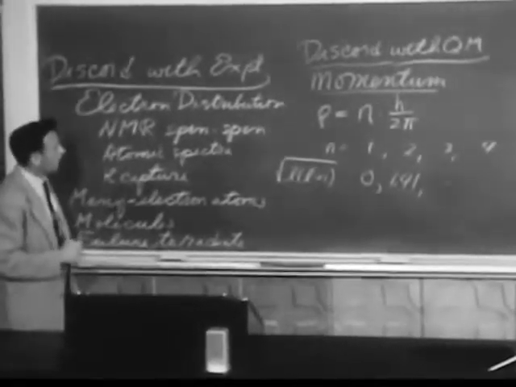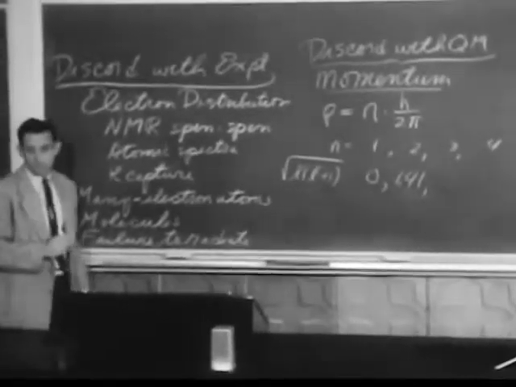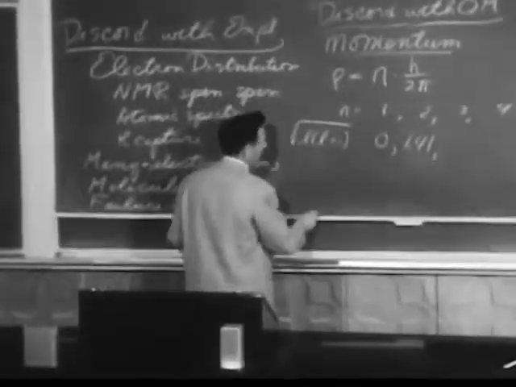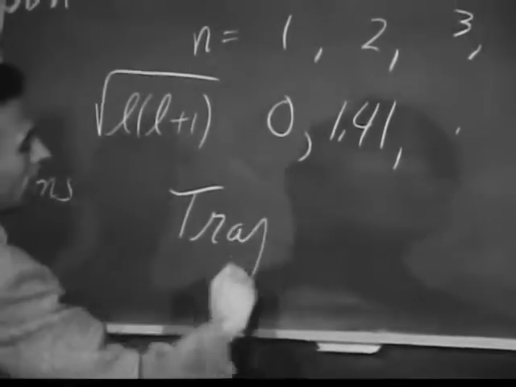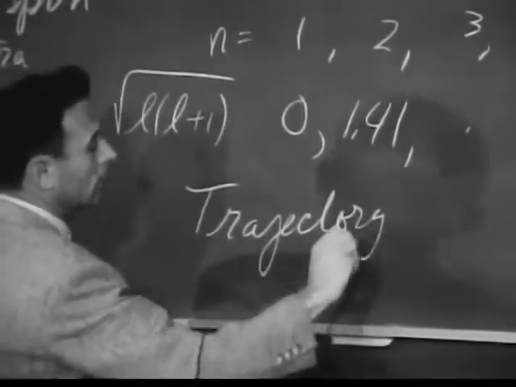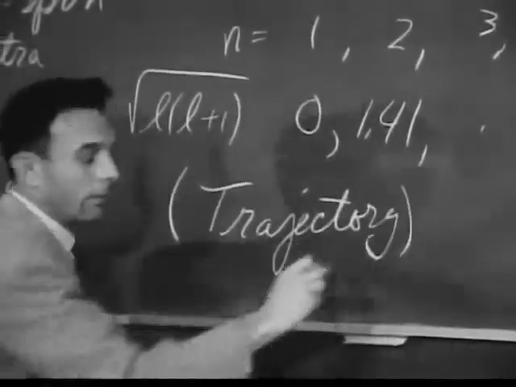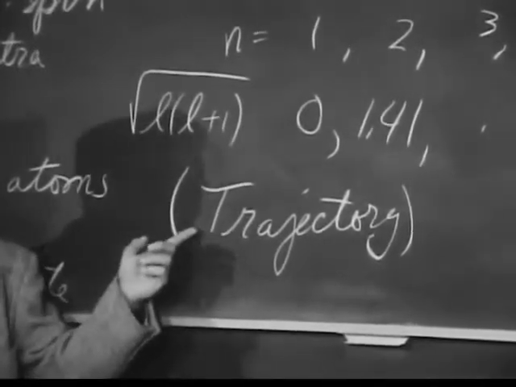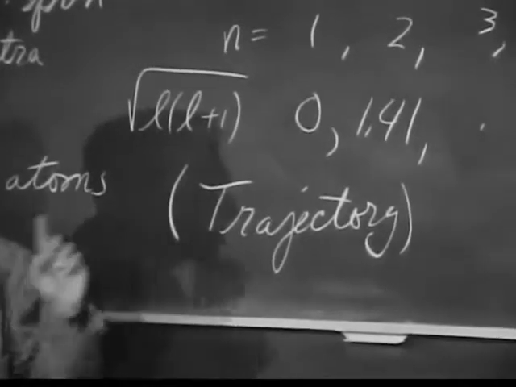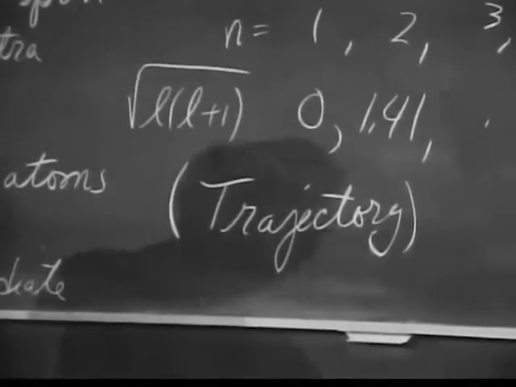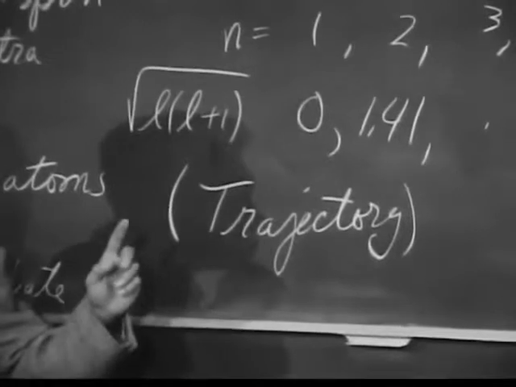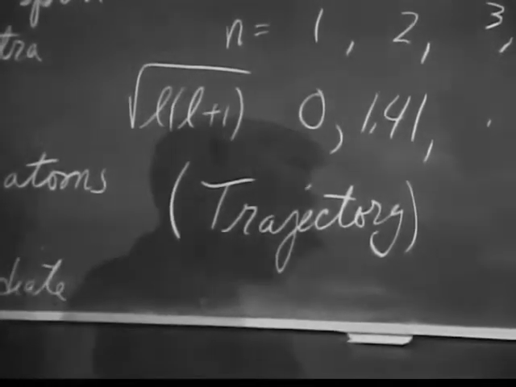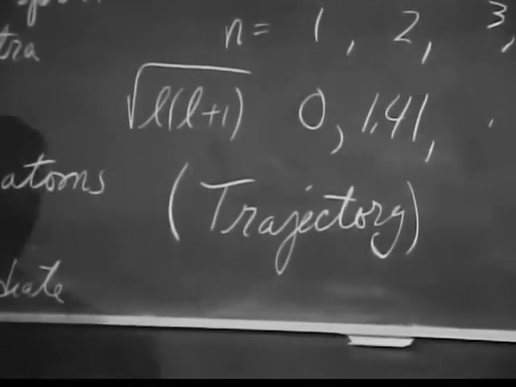Now there's one final discrepancy with quantum mechanics I'd like to mention, and that is one which is connected with the trajectory. I'll put this in parentheses to indicate that we don't have an actual discrepancy here in this sense. Quantum mechanics does not say that the trajectory of the planetary model is incorrect, because quantum mechanics doesn't tell us the trajectory of the electron.